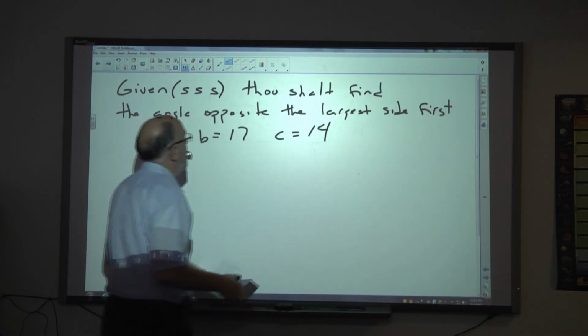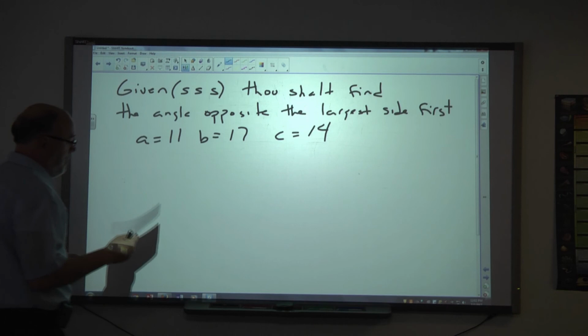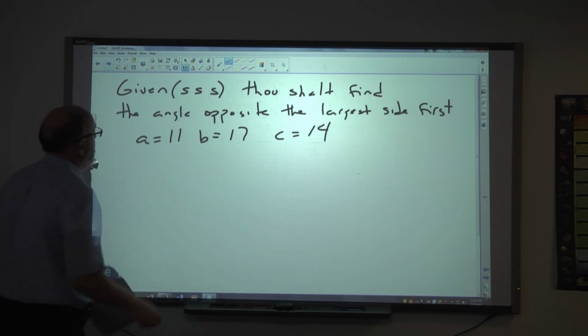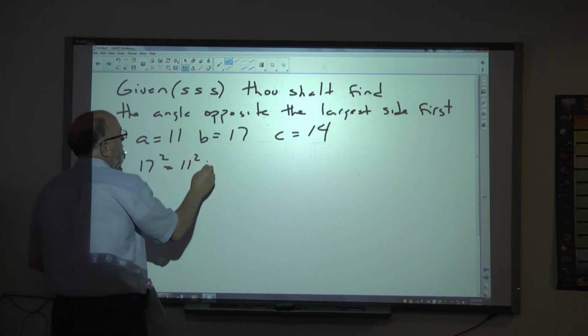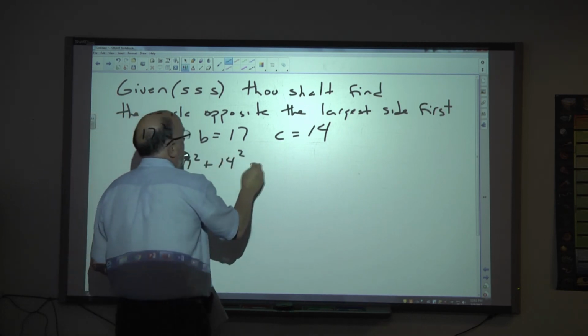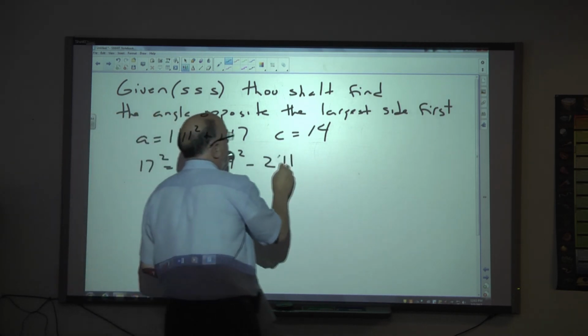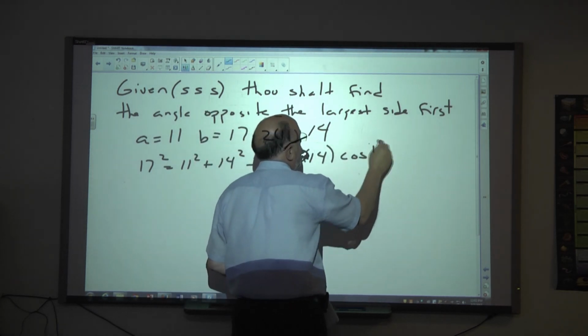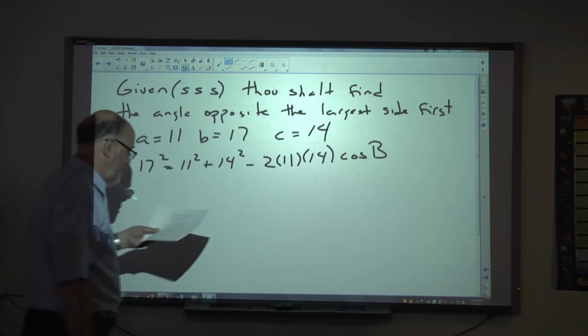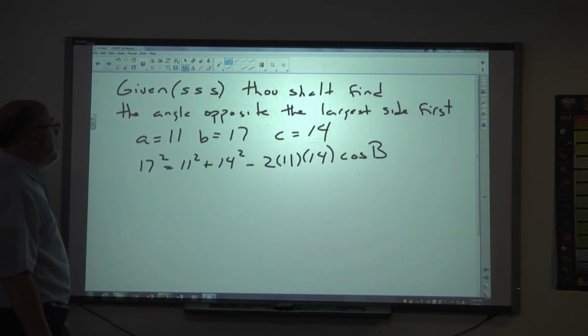Well, my largest side is going to be side B. And so we would have that 17 squared is going to equal 11 squared plus 14 squared minus 2 times 11 times 14 cosine of B. So we'll start doing the math here.